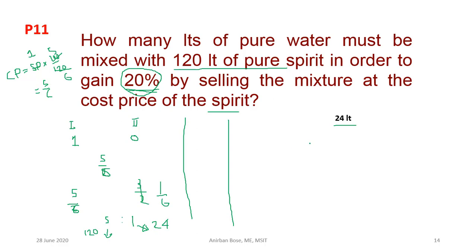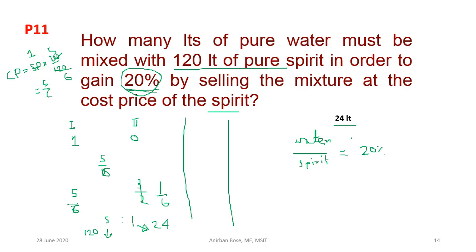So your answer will be that water divided by spirit in this case, they must be mixed in the ratio equal to exactly the gain percentage, that is 20%. That's all.